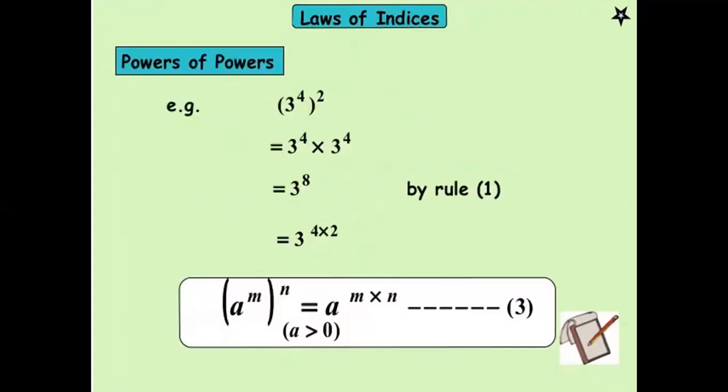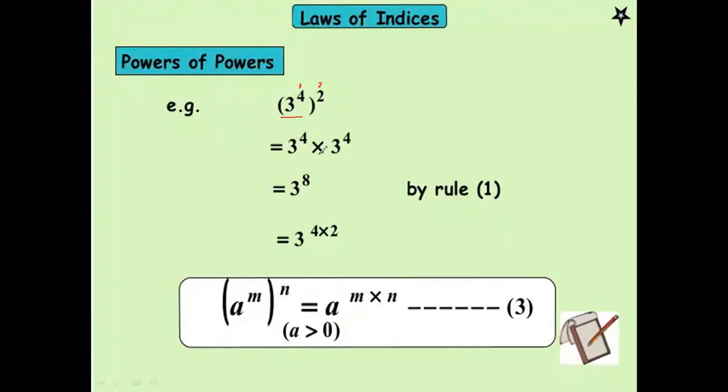So what if a power is raised to another power? Take a look at this example. You have here 3 to the power of 4, raised to the power of 2. So you have now 2 powers here, 4 and 2. So what will you do? That means 3 to the power of 4 is being squared.